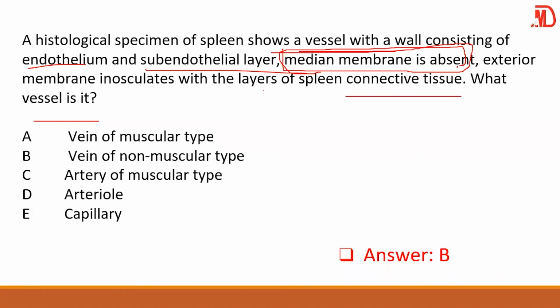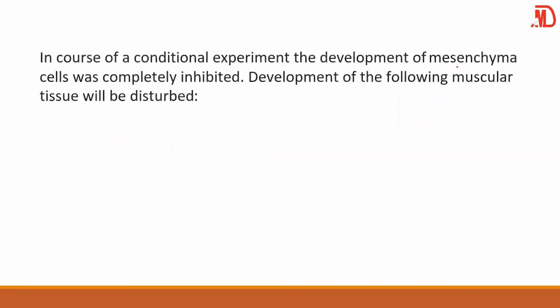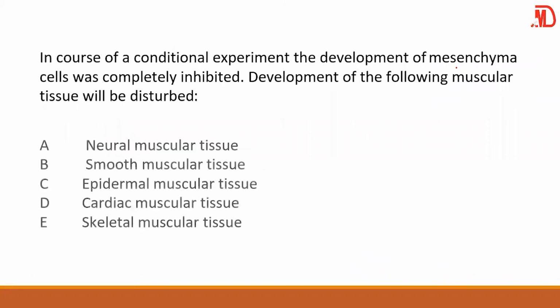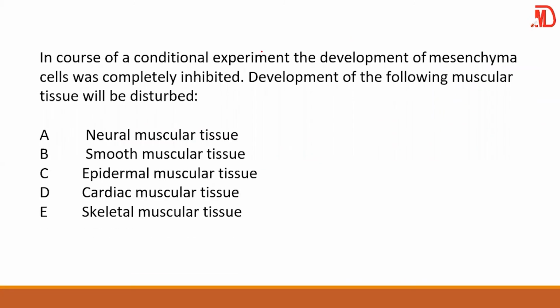All right. In the course of a conditional experiment, the development of mesenchymal cells was completely inhibited. Development of the following muscular tissue will be disturbed.